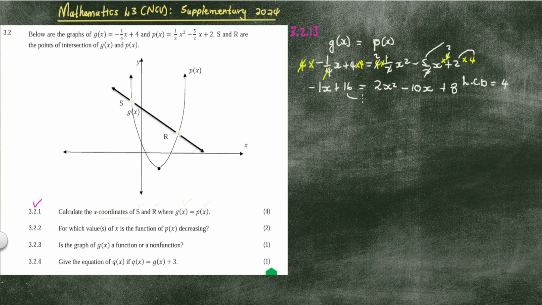Then I'm gonna transpose everything to the right hand side. 0 is now equal to 2x squared minus 10x plus 8 plus x minus 16. 0 is equal to 2x squared minus 9x and then a minus 8.